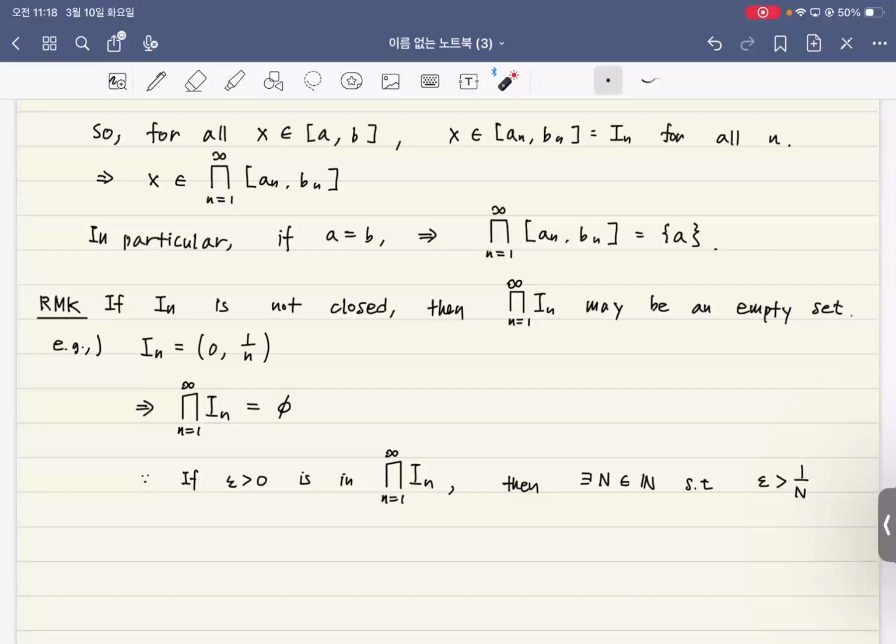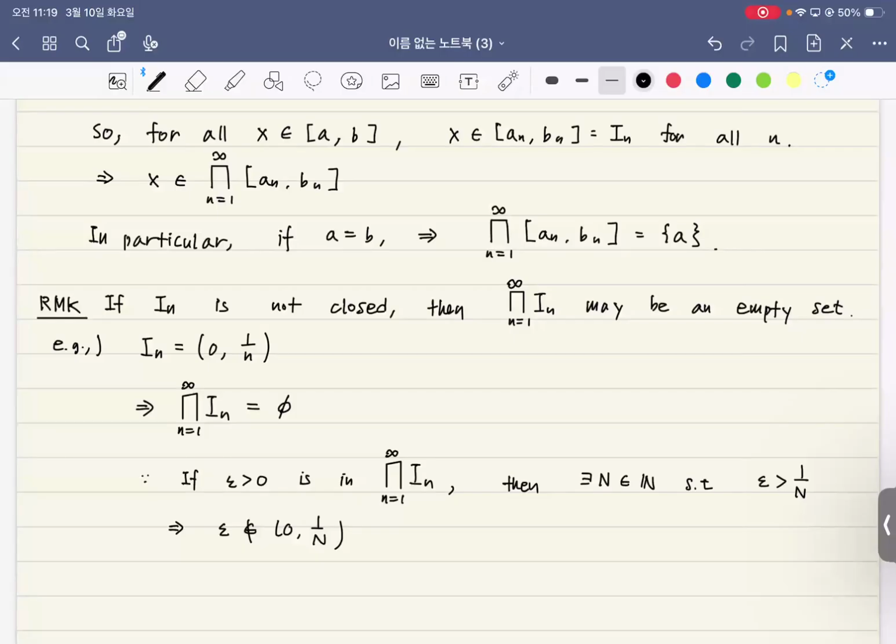Then epsilon cannot be a member of one of these open sets. Since this number fails to be a member of this one, epsilon cannot be in this infinite intersection, which is a contradiction. So this must be an empty set.